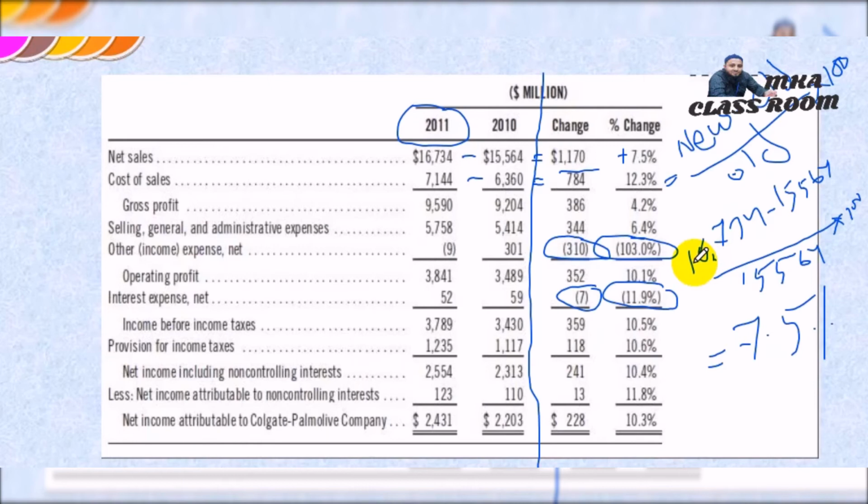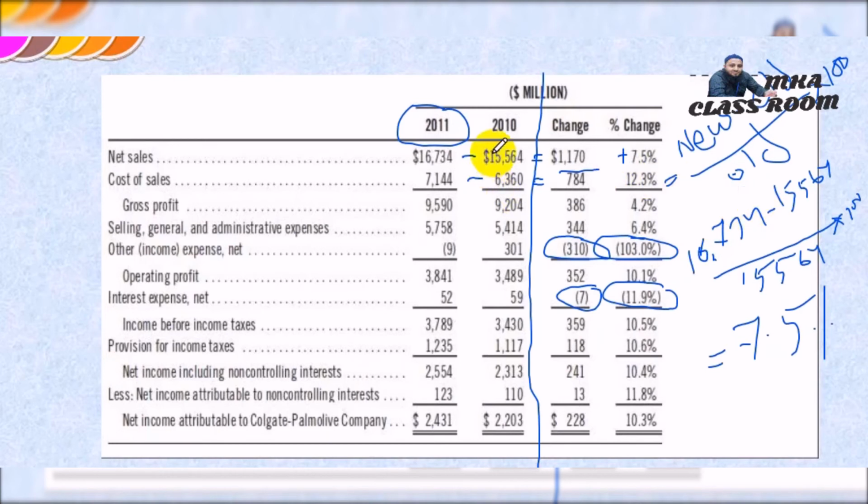Can I make you understand? Net sales increases 7.5% compared to the past year in this year.